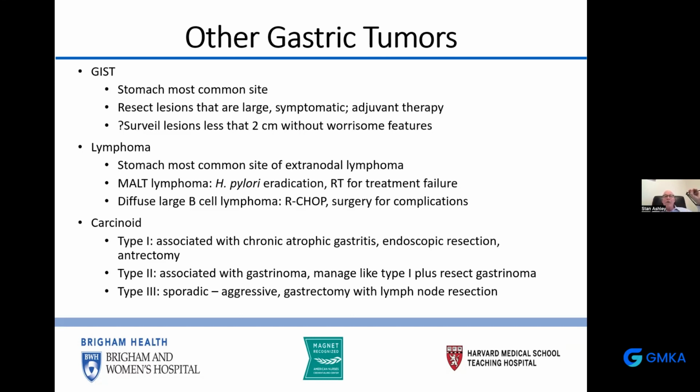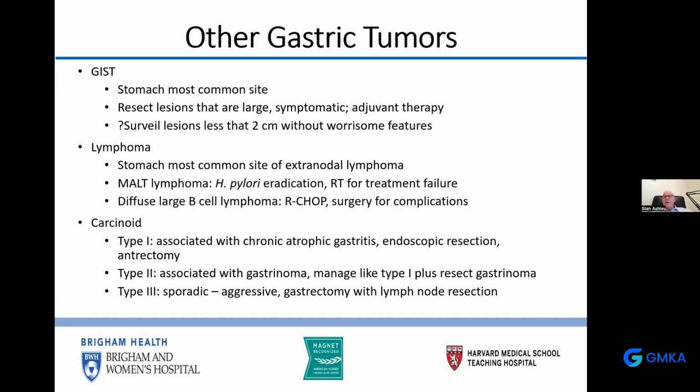But if there's no evidence of metastasis, then wedge or partial gastrectomy, etc. For small tumors, less than 2 centimeters, without worrisome features, that means without a lot of mitoses, there is a growing amount of data for observation of those tumors, and if they grow larger, then thinking about something else. The stomach is also the most common site of extranodal lymphoma.